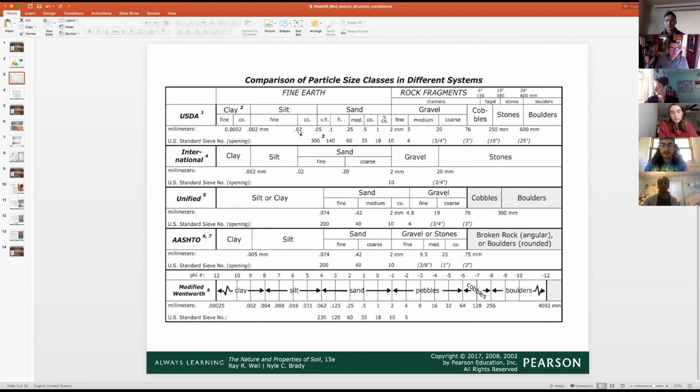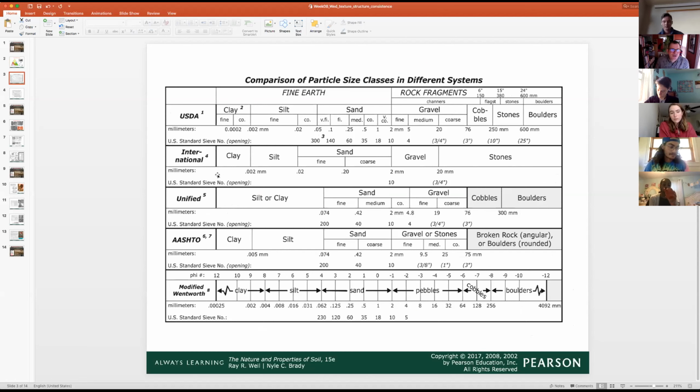The other thing we've mentioned before, this is important, and this is actually in your field book. So you certainly don't have to memorize this, but it is important to keep in mind there are a few discrepancies for different textural classifications. We'll always use the USDA classification unless we explicitly say we're using something different.